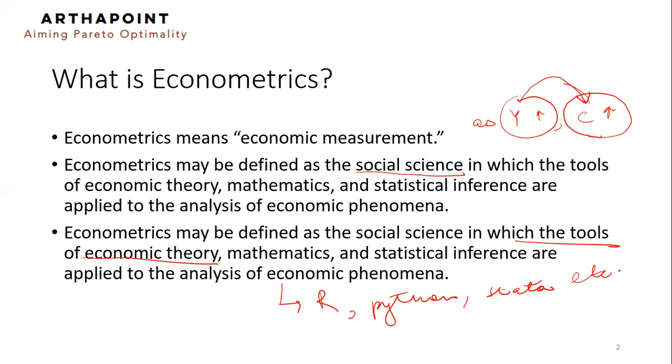To understand how these tools can be used, we have a separate course of econometrics using R, which is a counterpart of this course, and it helps you to understand how you can go ahead and use them via R, via coding, via Excel, etc.